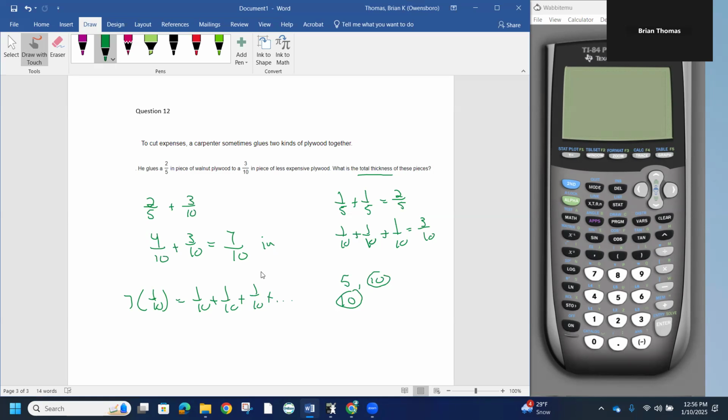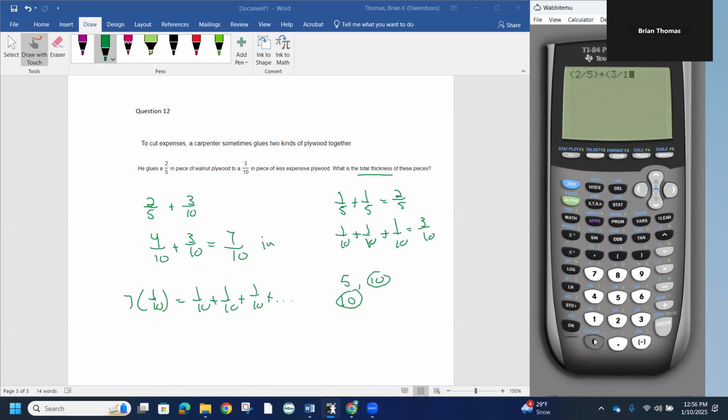Now again, you can use a calculator to do this. With fractions, a lot of times I'll use parentheses. So in parentheses, I'll put 2 divided by 5 plus 3 divided by 10. Just my habit.